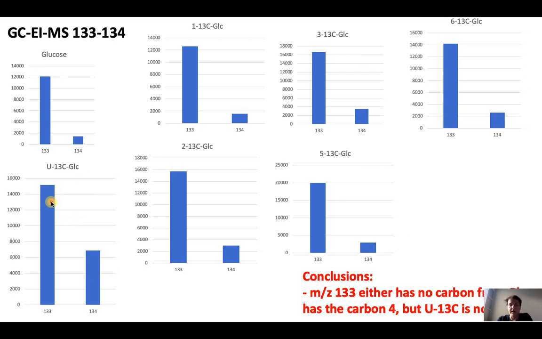And we cannot see an increase here in the 134 in any of the positionally labeled glucose. So the conclusion is that either this fragment has no carbon from glucose or it has the carbon 4, because we are not analyzing the carbon 4.